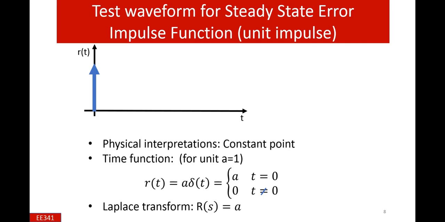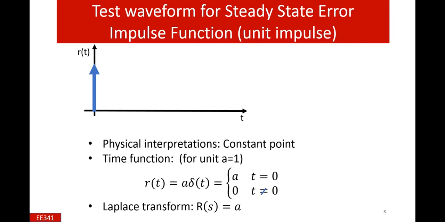So the next important point which is necessary to review is the input type. There are many input types, but we are taking a few inputs. In steady state error, actually steady state error is the difference between the output and the input, so the input is very important in these cases. The first input is the impulse function. Sometimes it is a unit impulse if the height is unity.